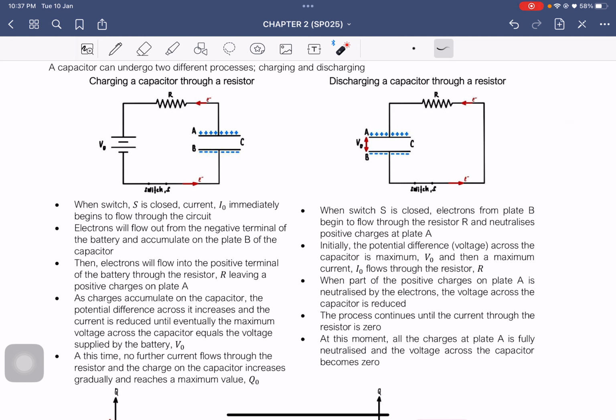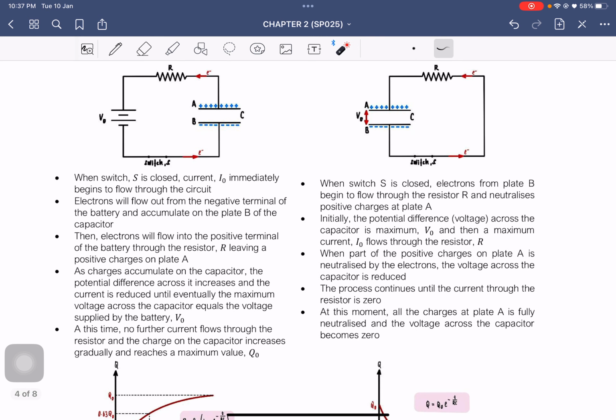So it is not a very quick process, except that one part of it is just a bit faster than the lowest current at the very end, okay? When it's about to get 0. So at this moment, all the charges at plate A are fully neutralized. Then the voltage across the capacitor will become 0. So that is what's happening when you discharge the capacitor.